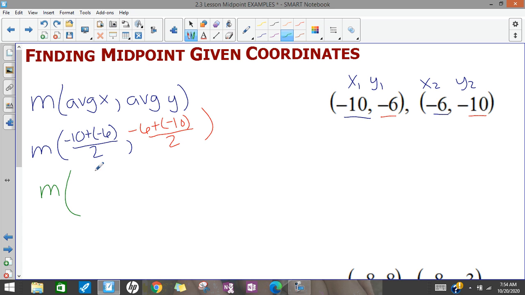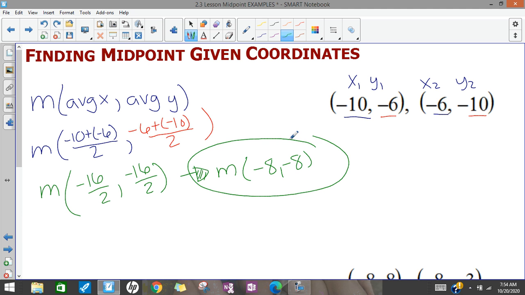So I get negative 16 over 2 and negative 16 over 2. And that simplifies to be (-8, -8). Again, remember that your midpoint, if you're having a point, requires an x and a y coordinate, and so you need to have two answers, pretty much in parentheses. They look like the coordinates of a location in the coordinate plane.